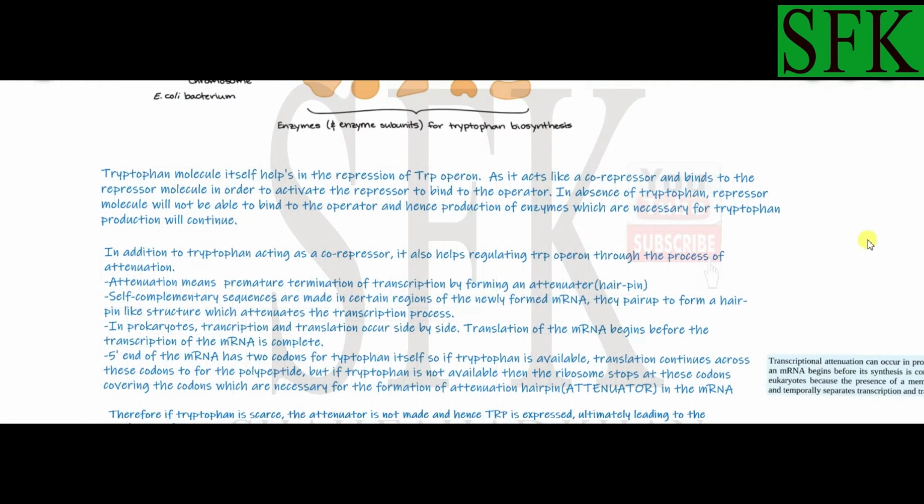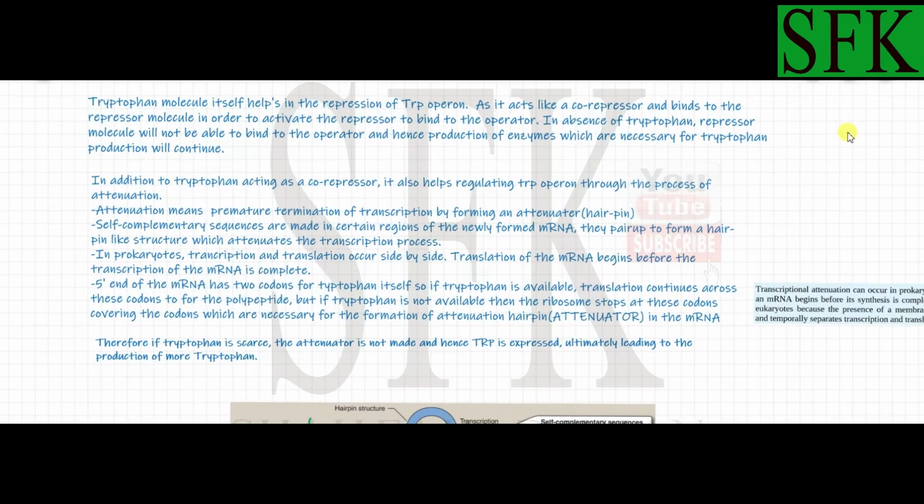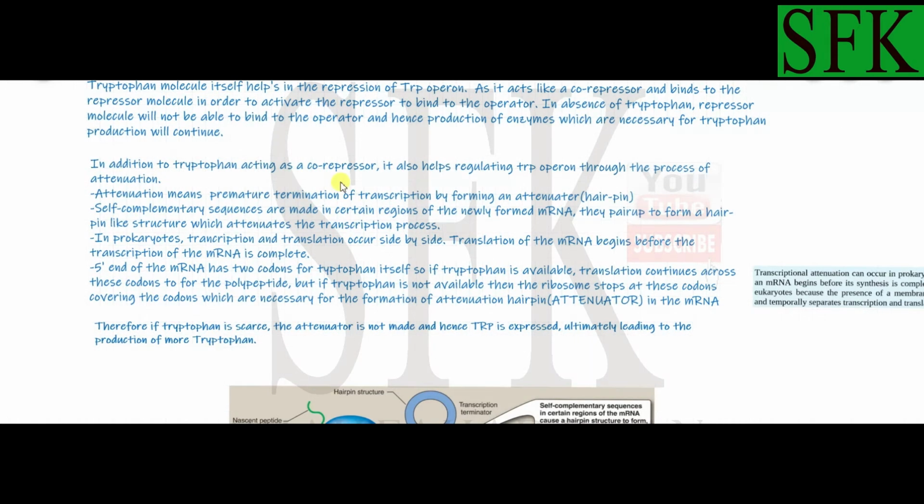Now, let's go over the important points that I've listed over here. In addition to tryptophan acting as a co-repressor, it helps in regulating the trp operon through the process of attenuation.